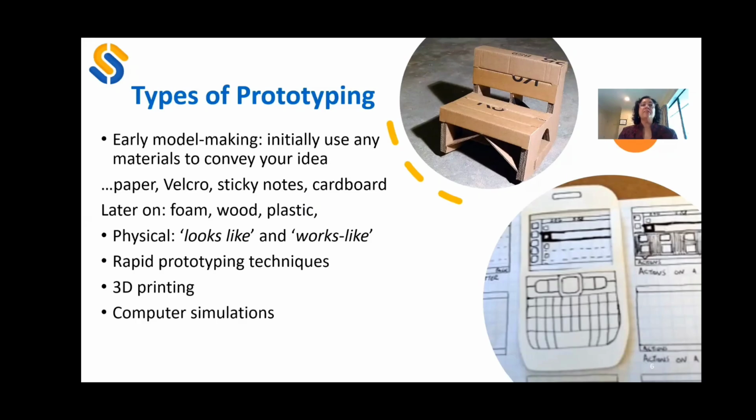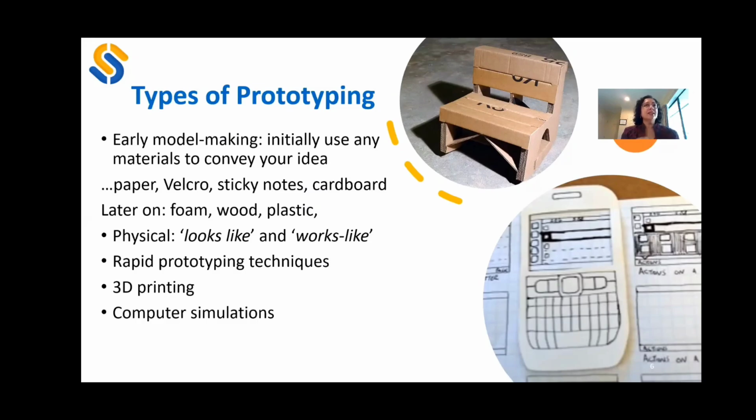And then later on, you might go into using green foam or blue foam and wood and plastic, or you might make a computer-aided design mock-up, but that takes a bit longer. So you do that at a little later stage. But early on, you just make something simple to convey the idea.